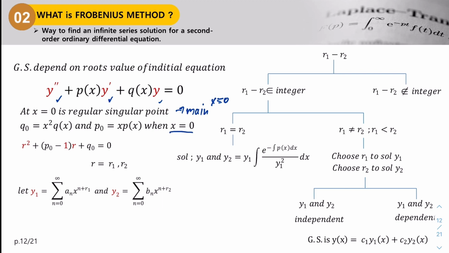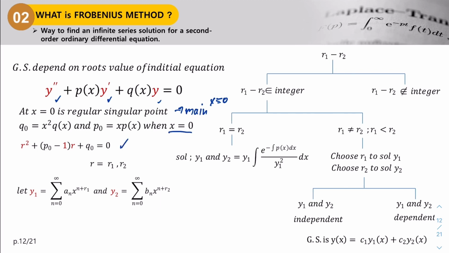We get the indicial equation, and we let y1 equal the sum n equals 0 to infinity of a_n x^(n+r1), and y2 equal the sum n equals 0 to infinity of b_n x^(n+r2). We conclude the steps in two parts: when r1 minus r2 is an integer and when r1 minus r2 is not an integer.